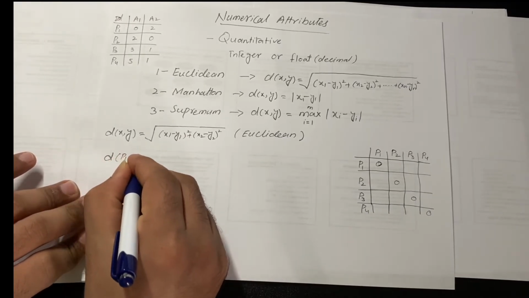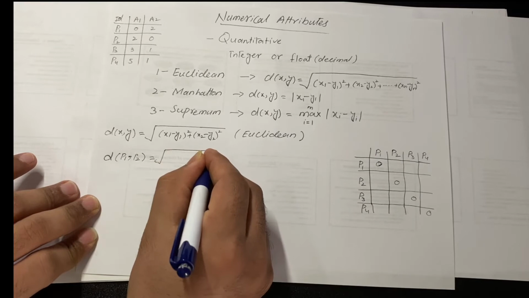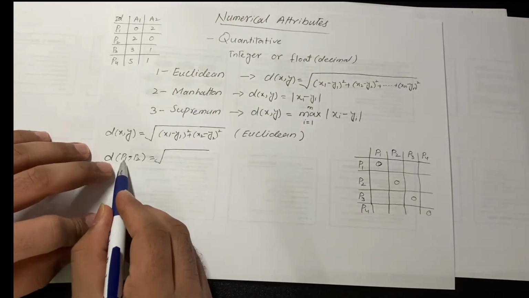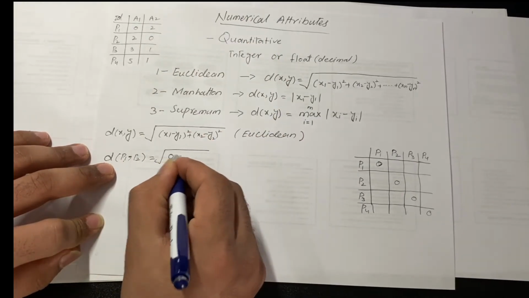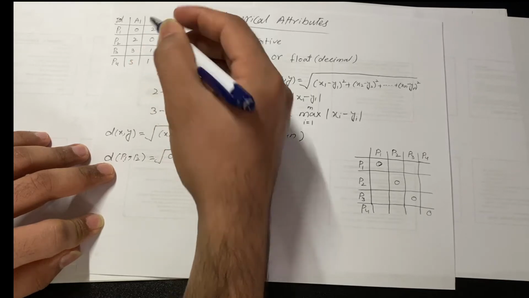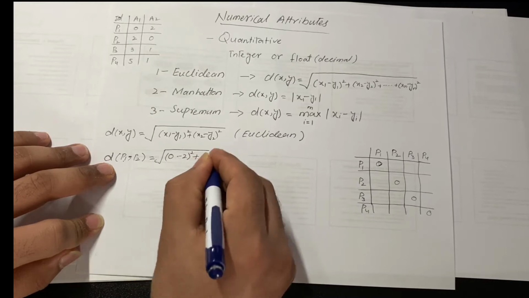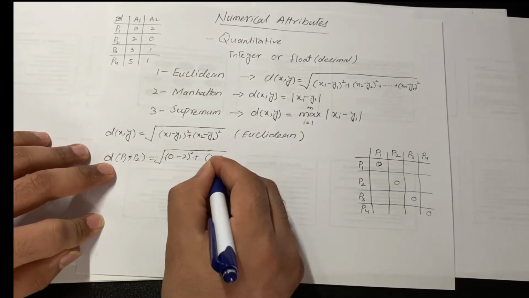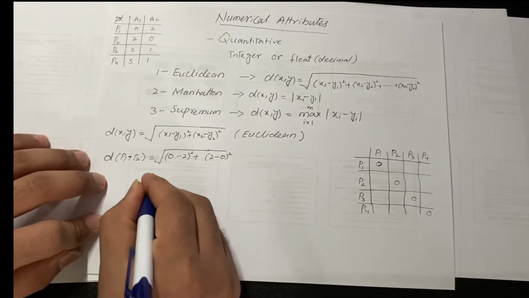P1 minus P2 is equal to under root. So what is the value of P1? P1 is 0 and P2 is 2, square, plus P1 is 2 minus P2 is 0, square.